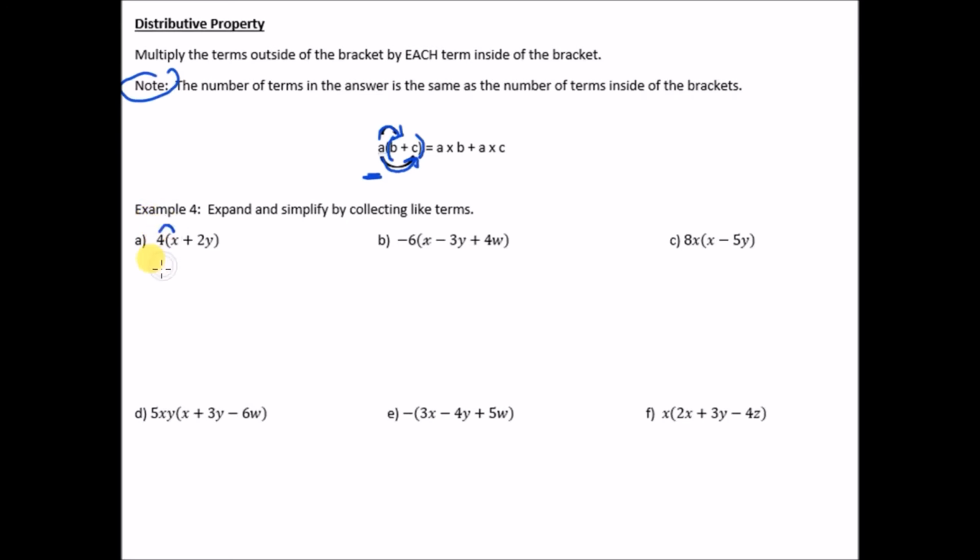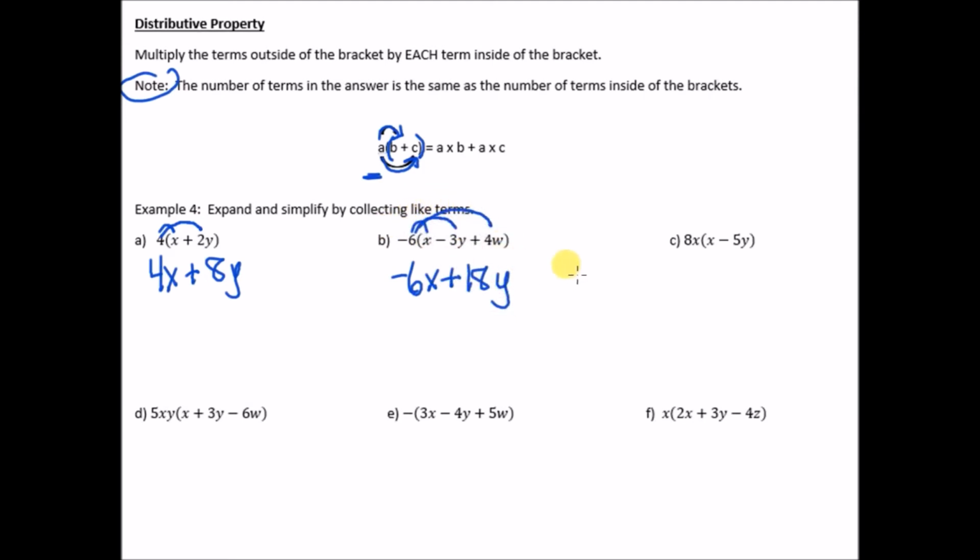So, 4 times x, I get 4x. 4 times 2y, I get 8y. There aren't any like terms, so that one's done. Negative 6 times x is negative 6x. Negative 6 times negative 3y, I get positive 18y.